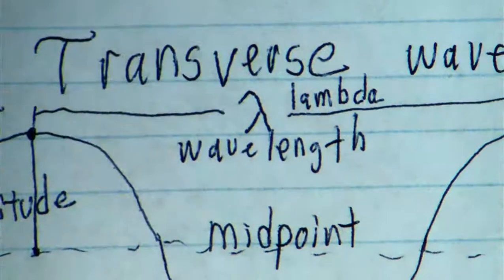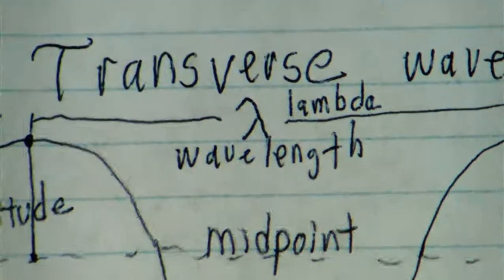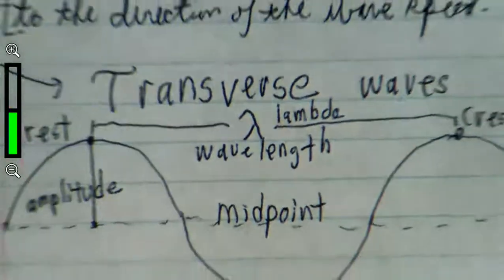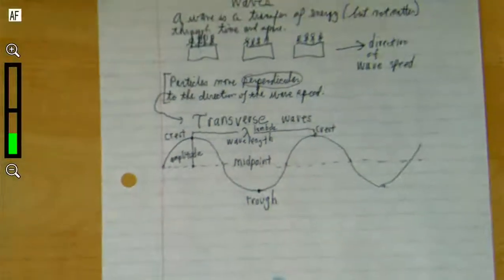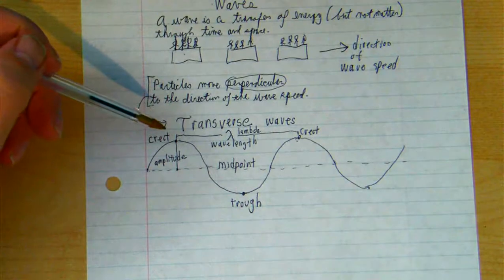It's a Greek letter, and it's the symbol that we use to represent the physical distance from one crest of a wave to the very next crest of the same wave.